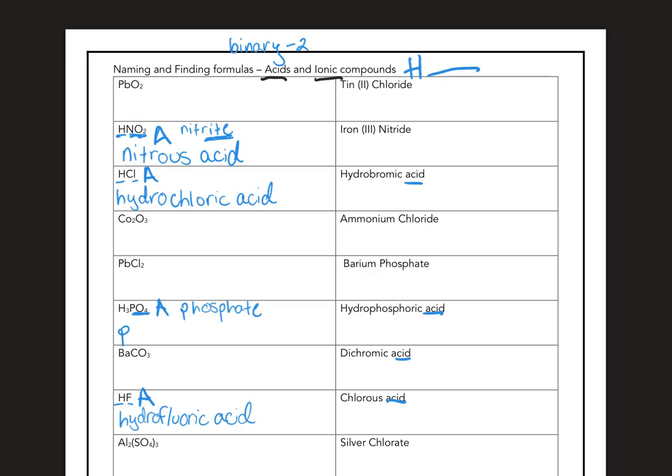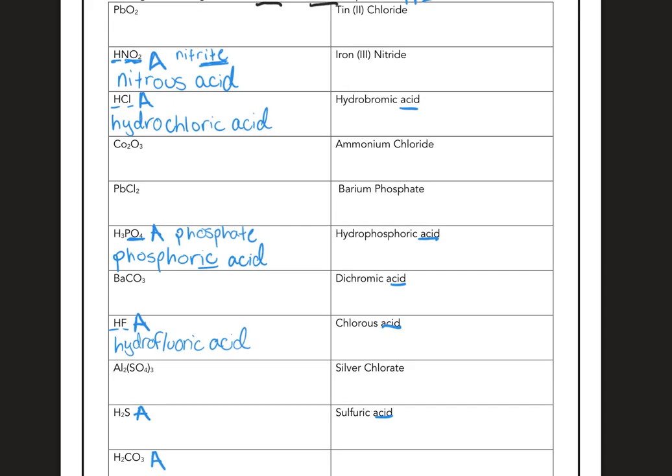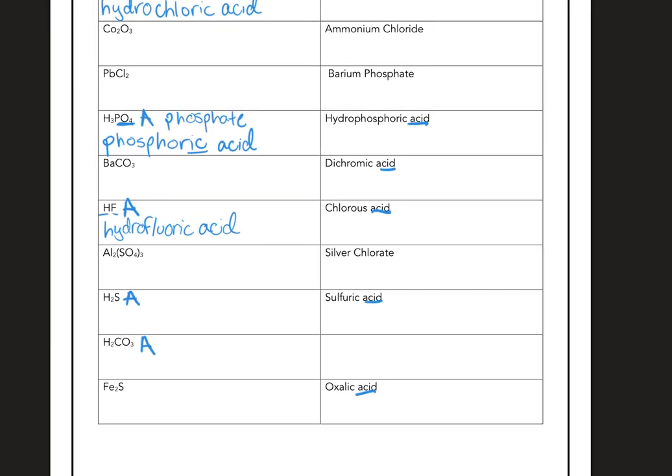I will take it, but it is actually phosphoric acid. Okay, a little confusing, I know. CO3, okay, I'm gonna look for that one. Carbonate, so that will be carbonic acid. Okay.